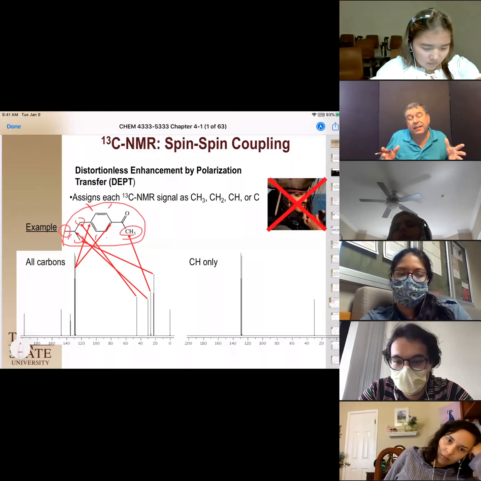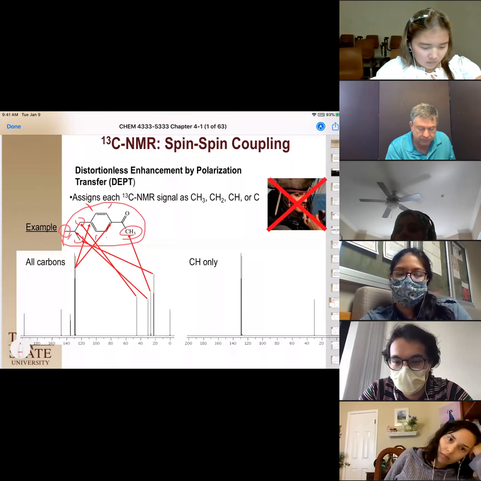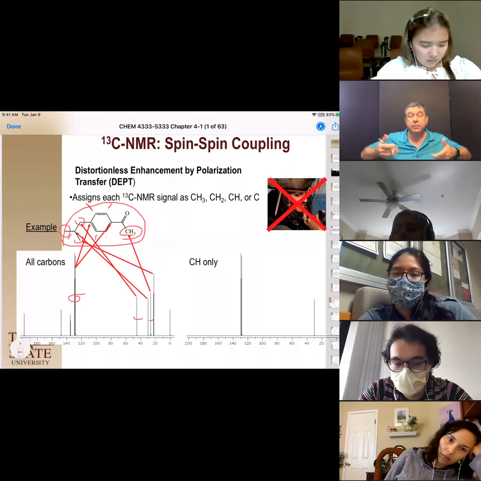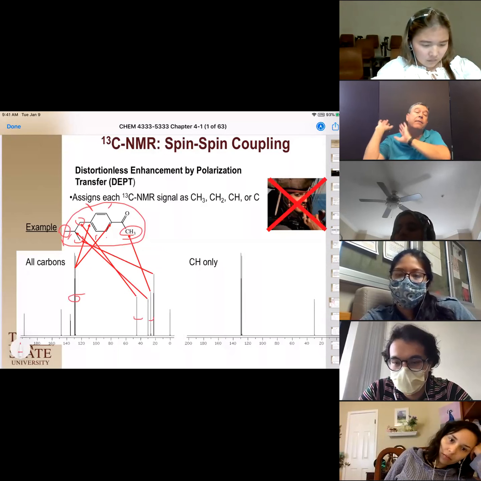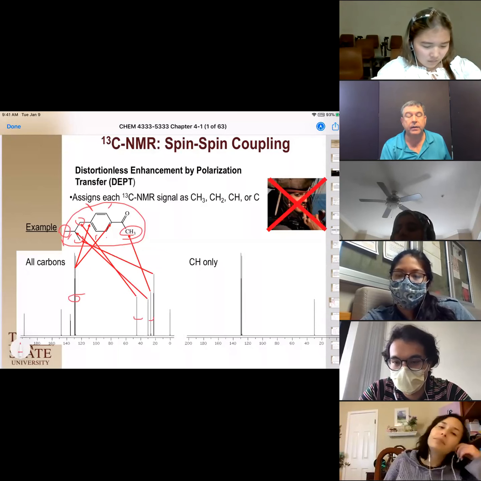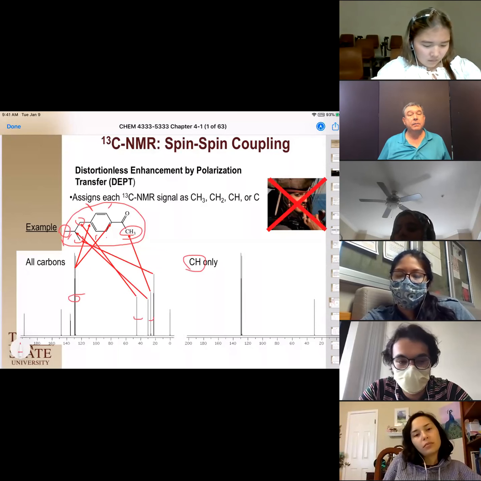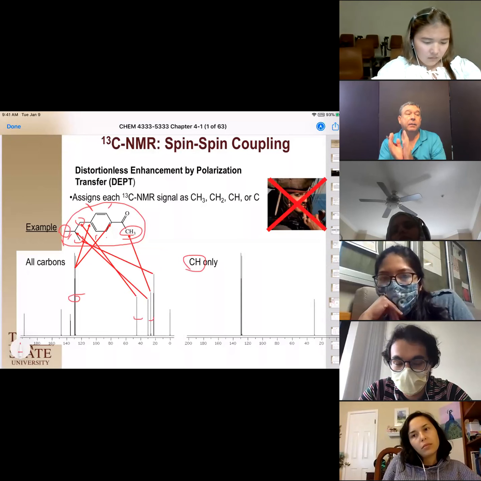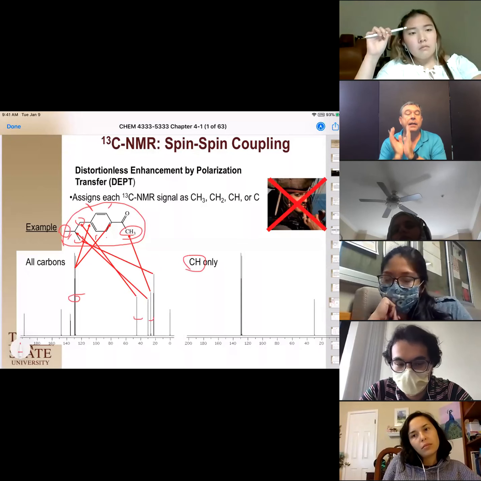Okay, and it might be hard to distinguish between things that are lumped together closely. However, by doing this experiment, you can take away everything but just the things with 1 hydrogen on it. Because basically you're saying, okay, I'm going to pulse, but I'm not going to take any data until this time where I expect my single hydrogens to relax, and that's the data that I'm going to see.